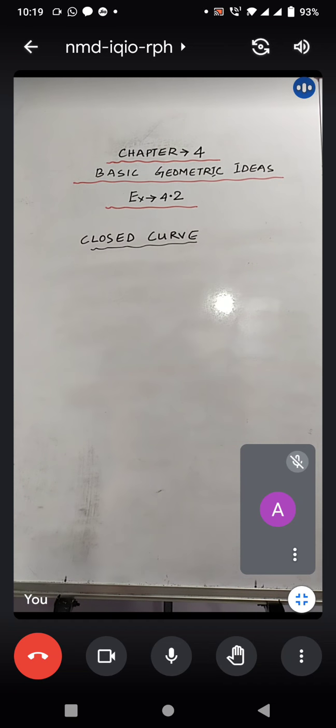Now my next thing that I am going to explain, which is also very important, is a closed curve. Now what is a closed curve?